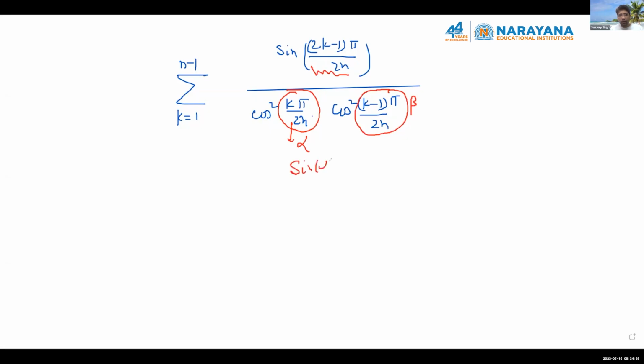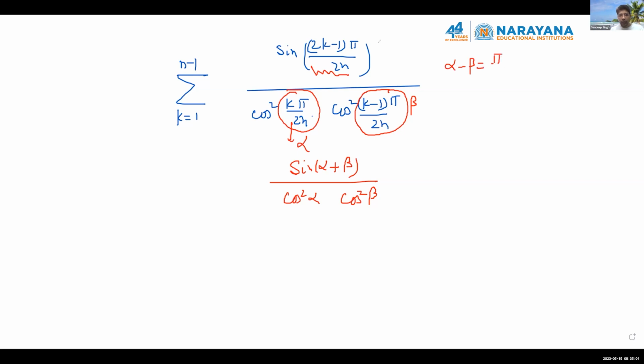So basically sine of alpha plus beta divided by cos square of alpha cos square of beta, correct? So now what is sine of alpha plus beta? What else do you require? Because what is alpha minus beta? That is a fixed constant. So alpha minus beta, I believe it is pi by 2n.